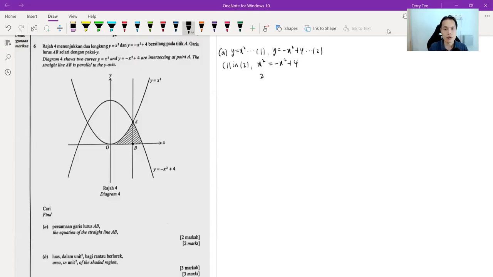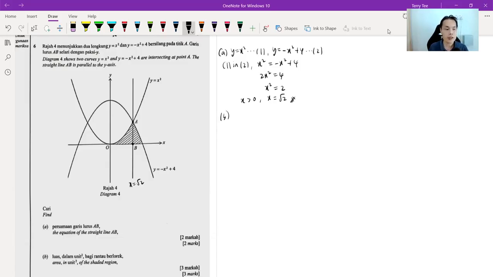Bring it over, 2x squared is 4. x squared is 2. x is square root 2. Now, you don't have to put plus minus because this x is on the right-hand side of the y axis. So x is more than 0. Your equation is x equals square root 2. It's an equation of a vertical line. It's always x equals a number. In this case, it is x equals square root 2.